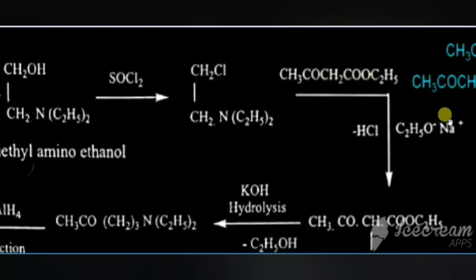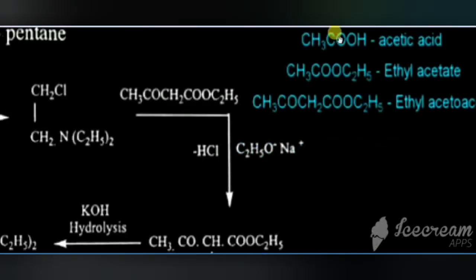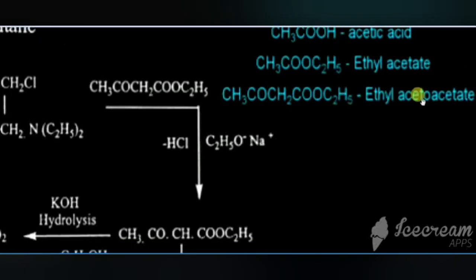Before that, we have known CH3COOH is called acetic acid, CH3COOC2H5 is called ethyl acetate, and here instead of one hydrogen we are adding CH3CO. So, that is called ethyl acetoacetate.